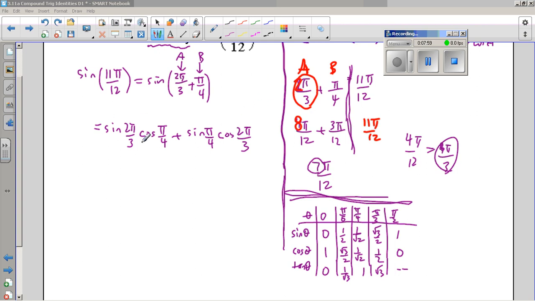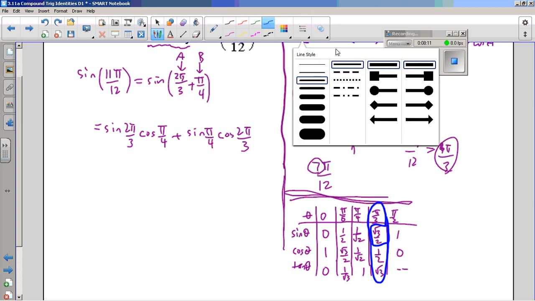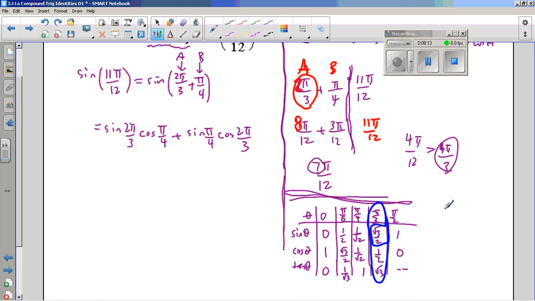And so why is this so helpful? Because remember, the sine of 2 pi over 3 has the same values as its related acute angle. So I know this value here is going to be this, except for maybe negative. And I'm going to think about that. Again, more rough work. What a question this is. Where's 2 pi over 3? Well, 2 pi over 3 is in this quadrant, with pi over 3 as the related acute angle.